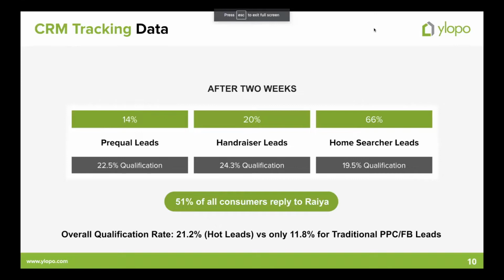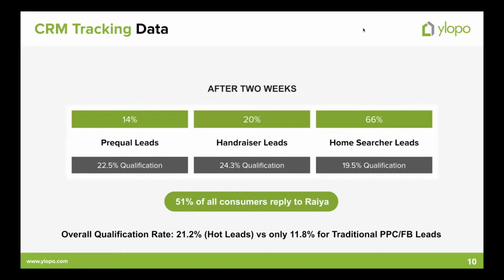And so what Ylopo's done is we've connected all of our users' CRM data. And so when we say qualification, what that's saying is this is all the Ylopo customers and all of their stages that indicate that this is a person that the agent, the user, the Ylopo customer, thinks is a good lead.